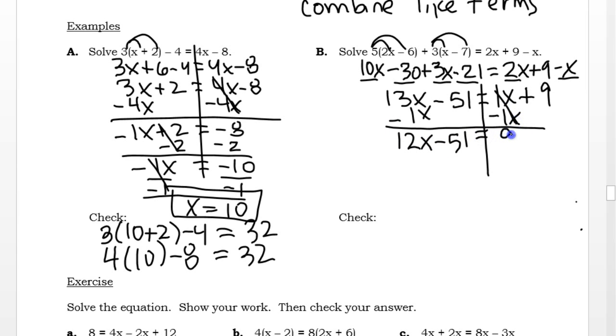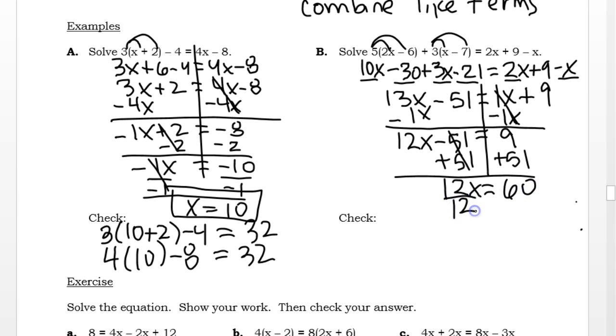And on the right side, I'll have a 9. Okay, so our next step would be to bring the constants to the right. I will add 51 to both sides. And that is 60. My last step would be to divide both sides by 12. And x is 5.